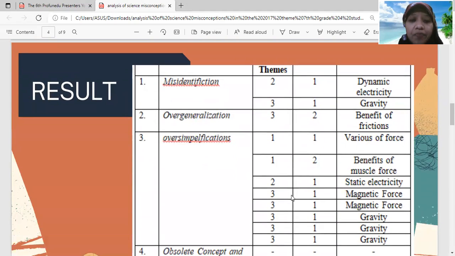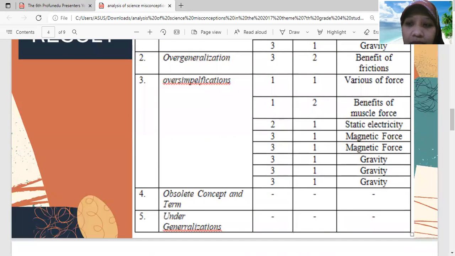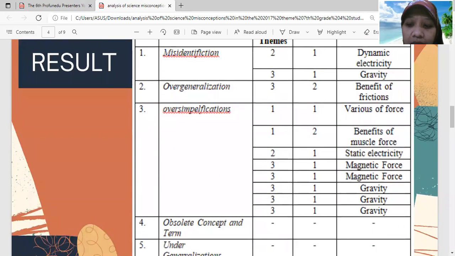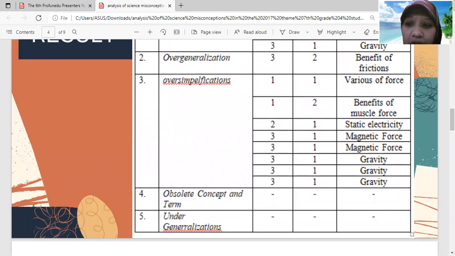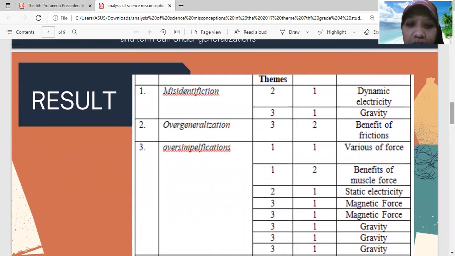The results. The results show that there are 3 categories of misconception in this book. The first, misidentification, is found in Theme 2 and 3 and Learning 1 about dynamic electricity and gravity. The second category is overgeneralization.